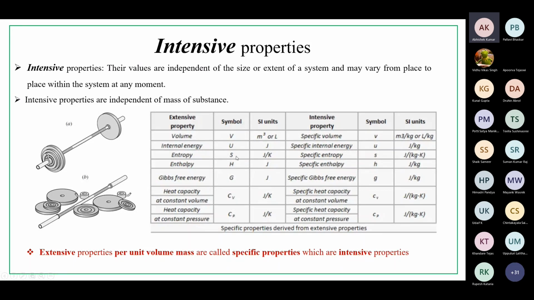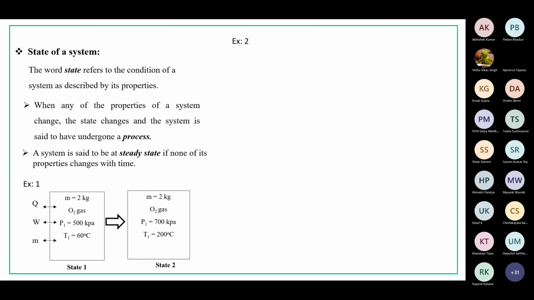That means dividing by kg, those are the specific properties. Dividing by mass is the specific, per kg. Those are all intensive properties.